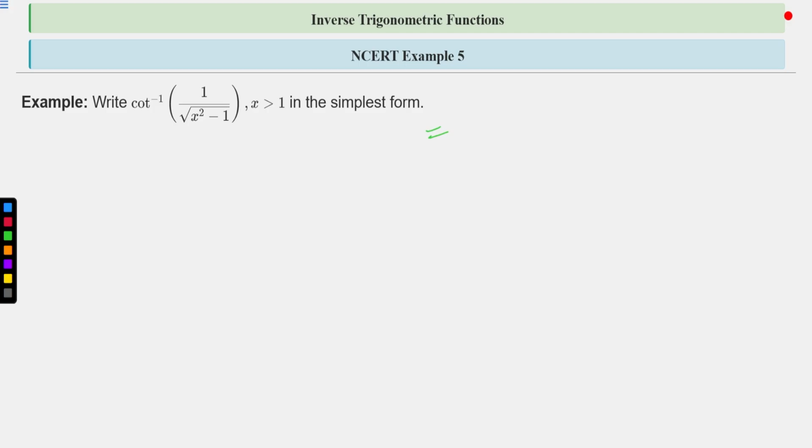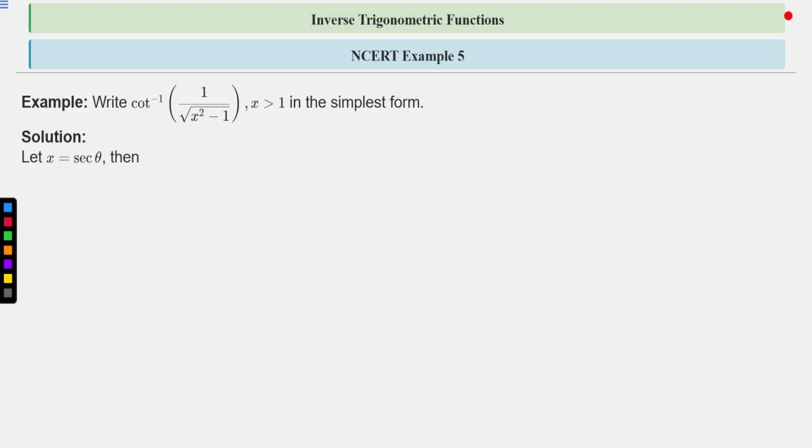Try this, after that I will explain. First you try to solve this, after that I will explain. Okay, so let us solve this question. So let us move to the solution part.